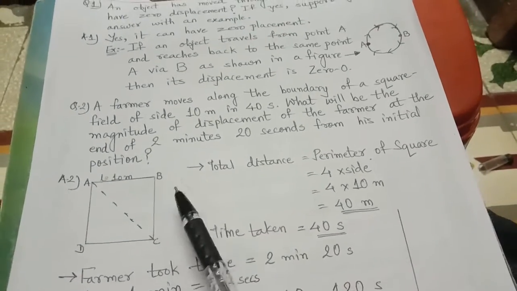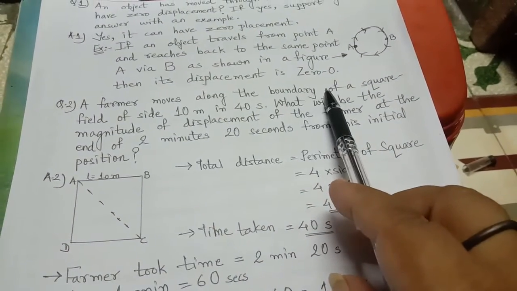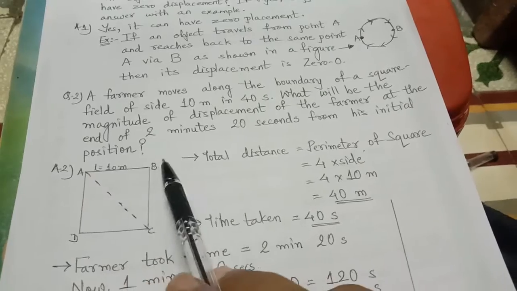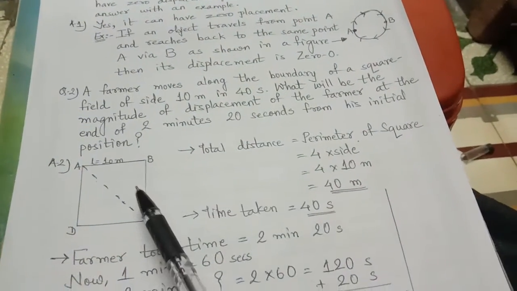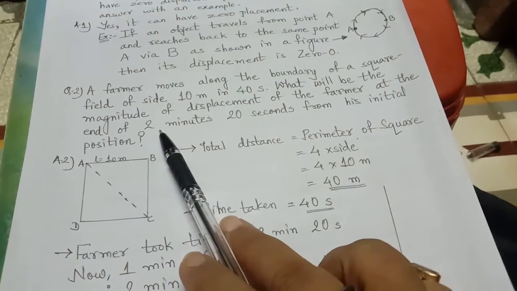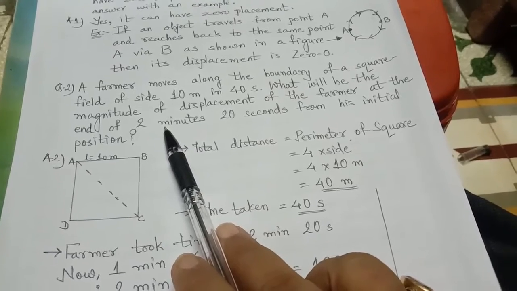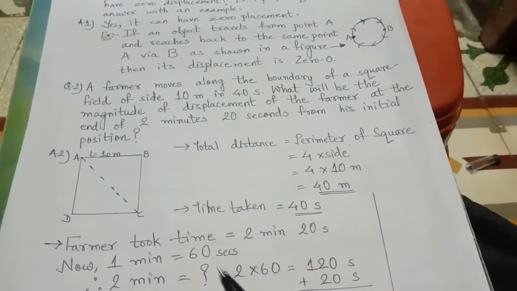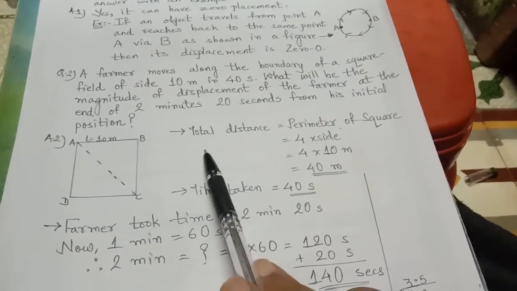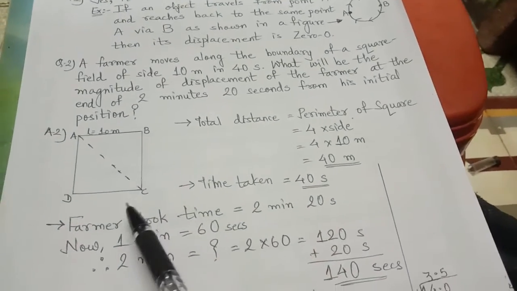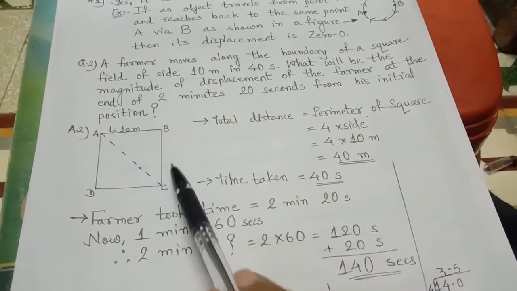Now, for moving along a square boundary, to complete one boundary a farmer takes 40 seconds. So how many rounds of the square can a farmer take in 2 minutes and 20 seconds? Let us see this. Here we can see a total distance. When it is about a square, it means we need to calculate its perimeter.